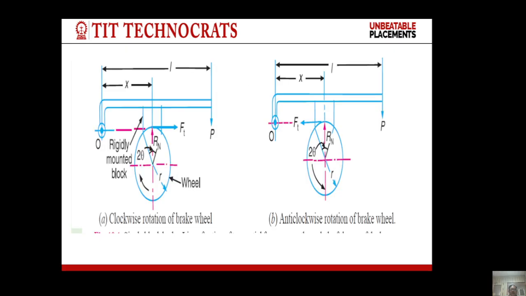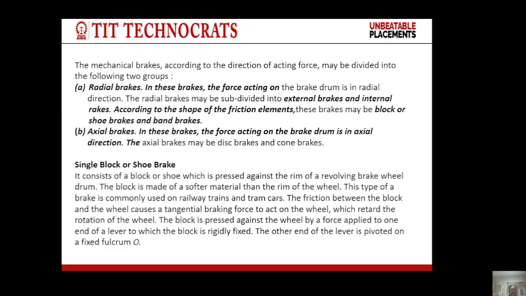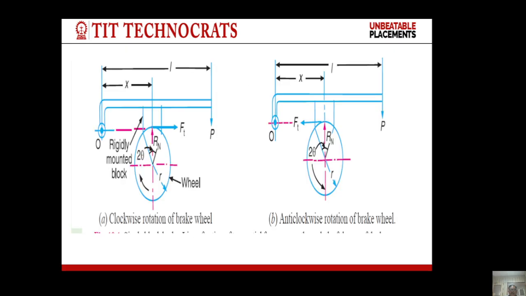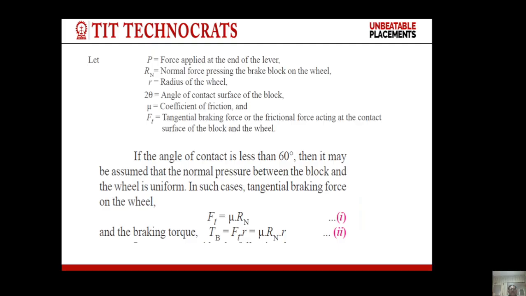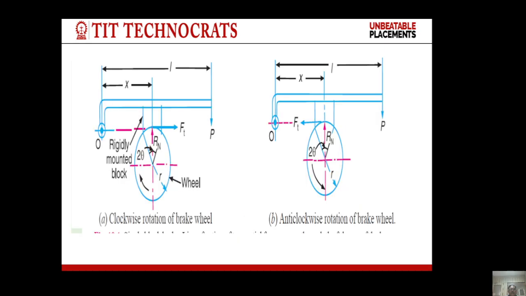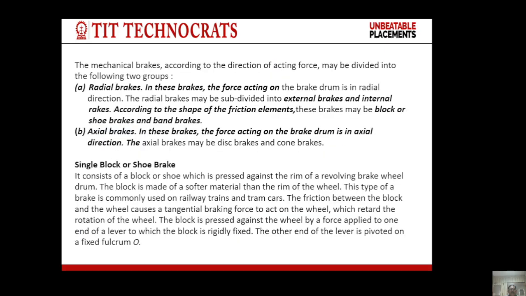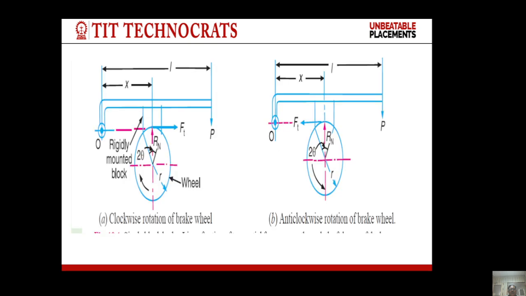This is the diagram of single shoe brake or brake block brake, and these are the notations which are used for derivation of the braking torque of single block or shoe brakes.